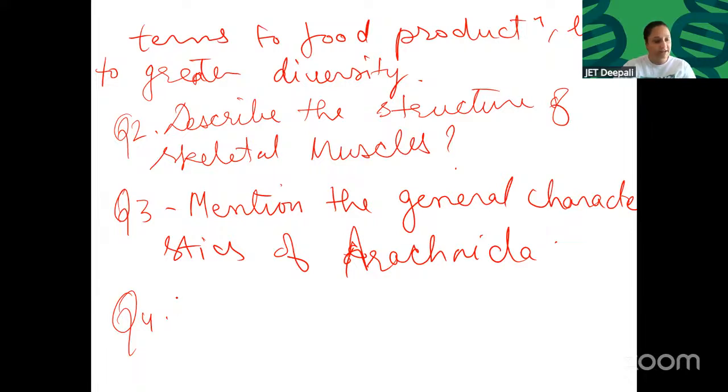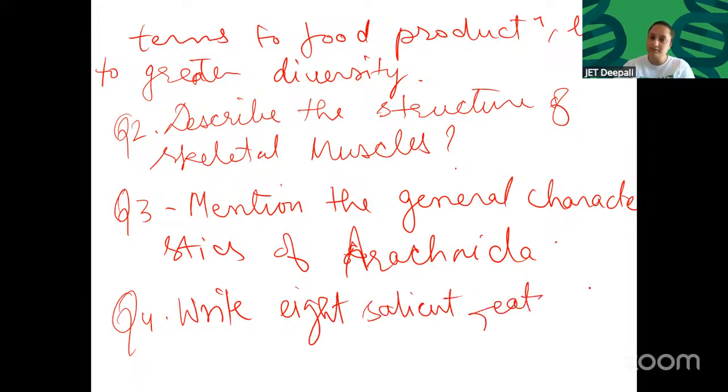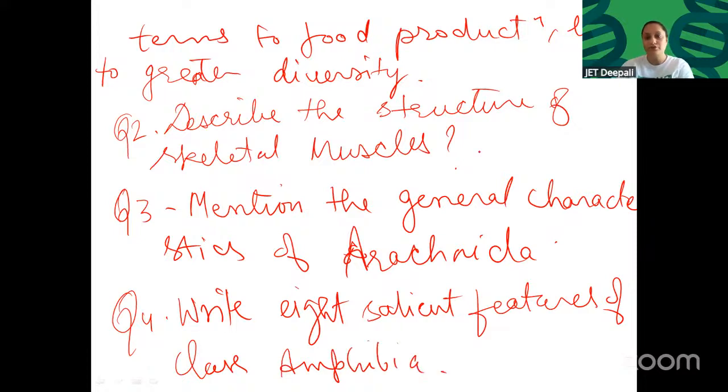Next question is write 8 salient features of class Amphibia. Remember, a diagram is required in section B and section C. There's no need for a diagram in section A. But in section B, if the question is asking something that needs a diagram, you have to draw it on your own.